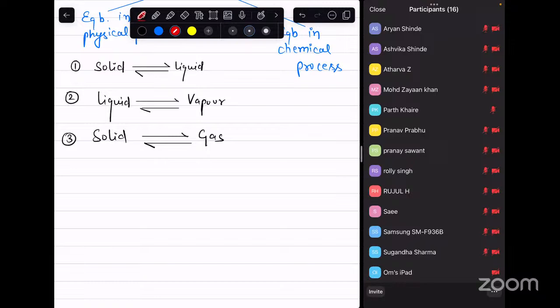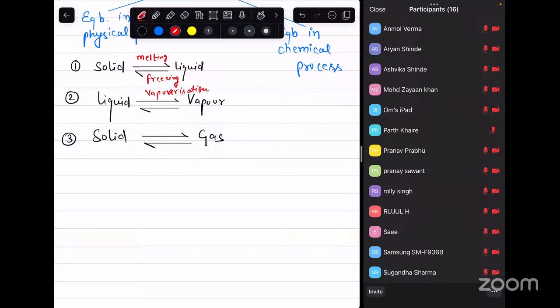Okay. The conversion of solid to liquid is known as melting. Liquid to solid, freezing. Liquid to vapor is vaporization, and vapor to liquid is condensation.